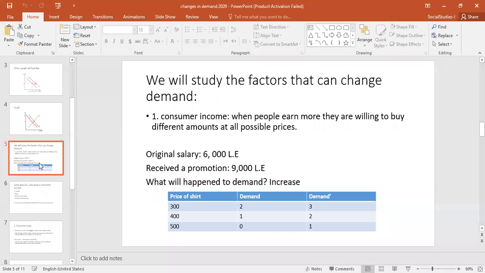And consumer income, again, it could go two ways. There's always two sides to the story, by the way. Myrna got a promotion, and also, God forbid, Myrna could also get a demotion. Not a promotion, where her income is increasing. But let's say, for example, they say, "Sorry, Myrna, but your position is going to be replaced by a computer or a machine, so we no longer need you in this firm."